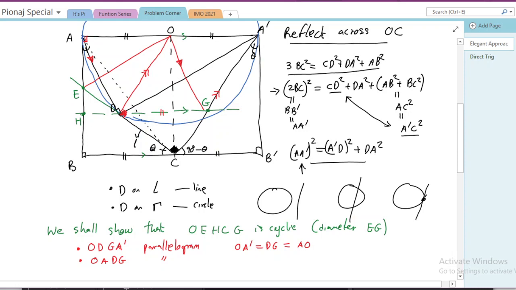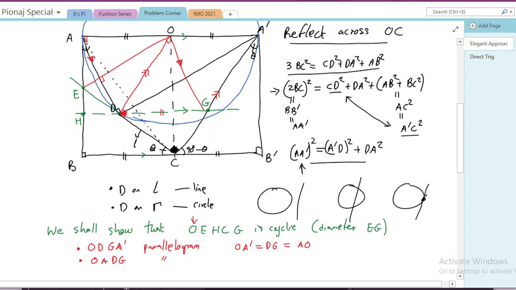So as a matter of fact, if we join OE, it's going to be perpendicular to AD, and not just perpendicular, it's going to bisect AD. So since OG is parallel with AD, it means OE is also perpendicular to OG. So we get a right angle at O.